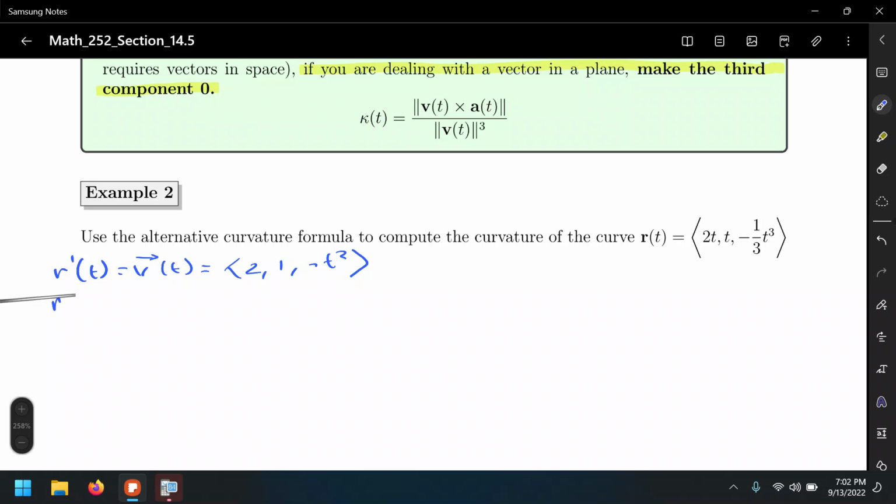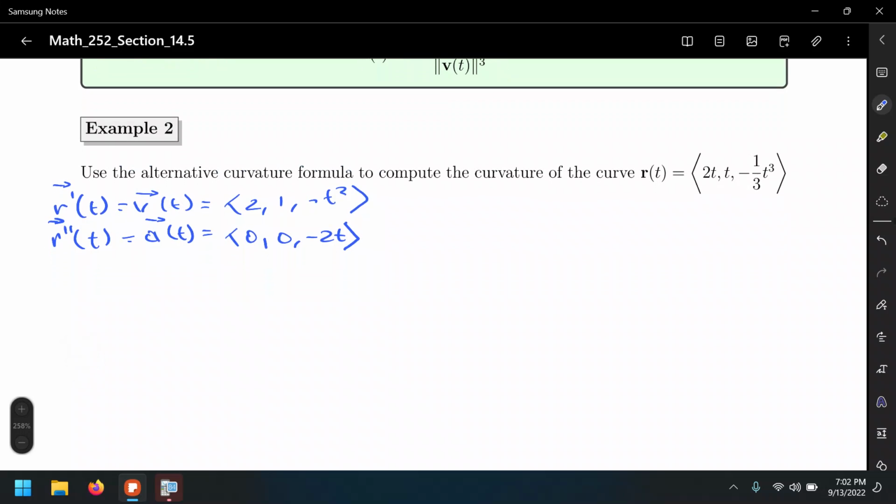And then we need the second derivative, because the second derivative, which is the first derivative of the velocity, that'll be the acceleration. All right, and well, so that's going to be 0, and negative 2t. All right, so we have the two vectors that we need to perform the cross product, the numerator part of the formula here. And well, we already have that v as well.